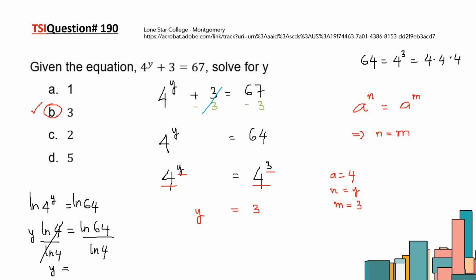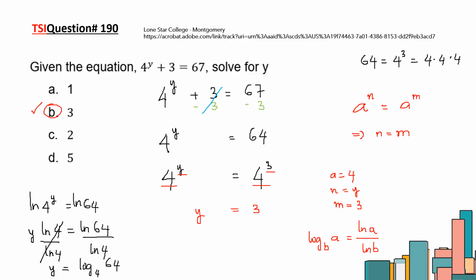And we know that this is, we can use the log base 4. This is log base 4 of 64, because the formula for changing base says that log base b of a will be equal to ln of a over ln of b.